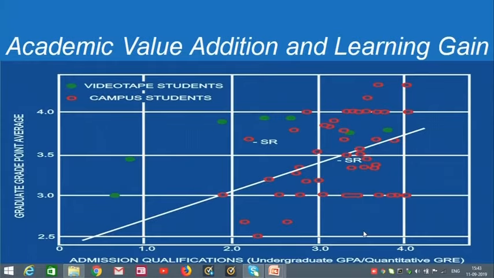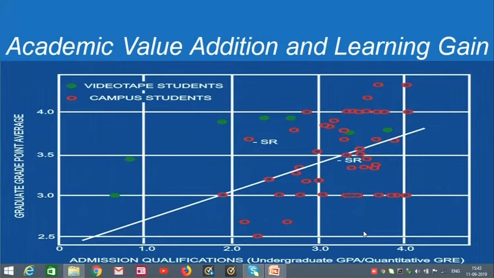But they went through the videotape mode of instruction, and their GPA was very satisfactory, 3.4, 3.5, on a scale where 4, 5 is almost the maximum.